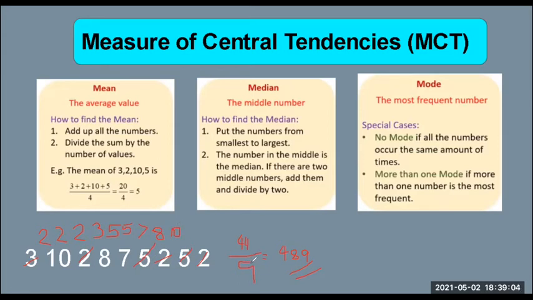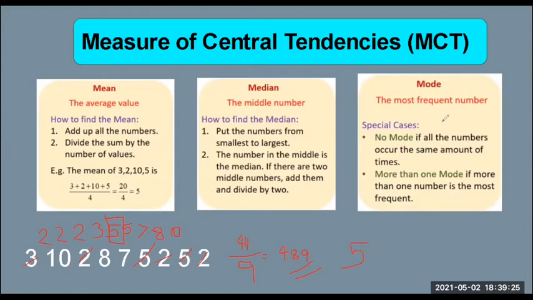As we have here, we have 9 numbers. Then our middle number will be 5. So our median is 5.